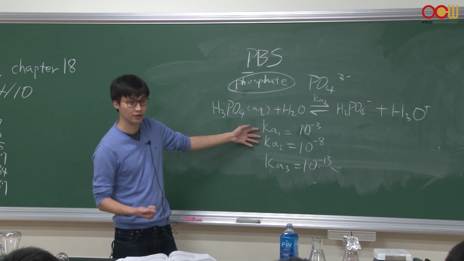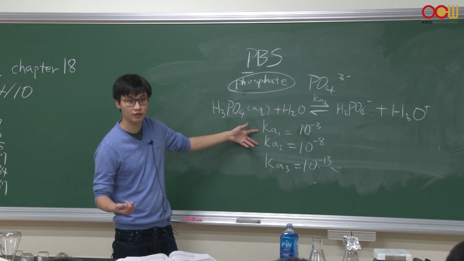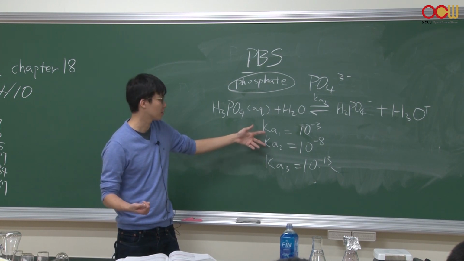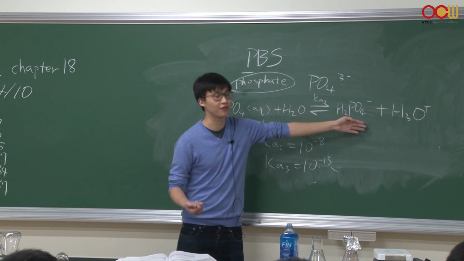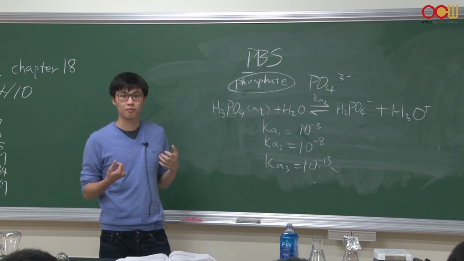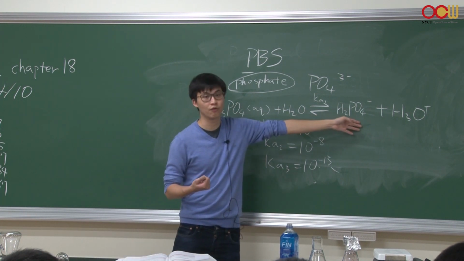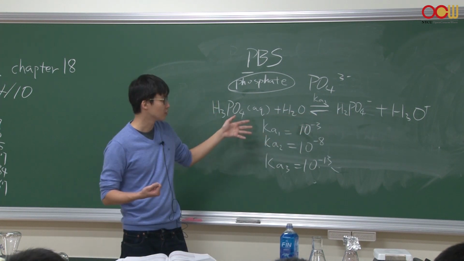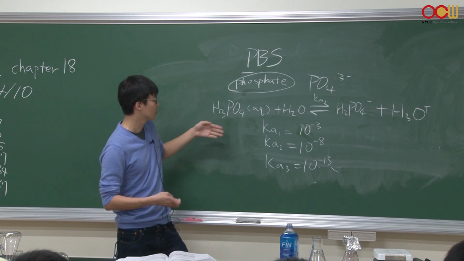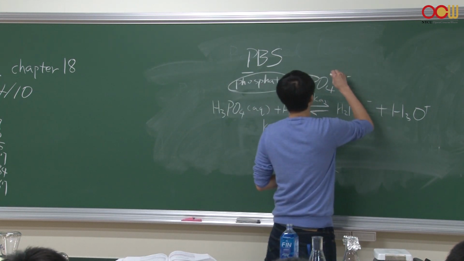The key players are the first two equilibria. If it's too acidic, it's going to use the phosphate ion to pick up more protons from the system to form HPO4.